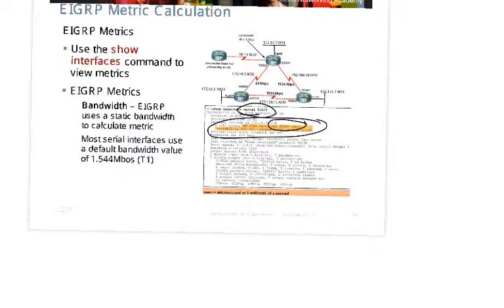Then the way we calculate the metric. For example, we need to calculate the metric in the default mode using these numbers. In that case, it's easy to calculate the metric as follows. We said that bandwidth is 1,544 kilobits per second. Delay is 20,000 microseconds.